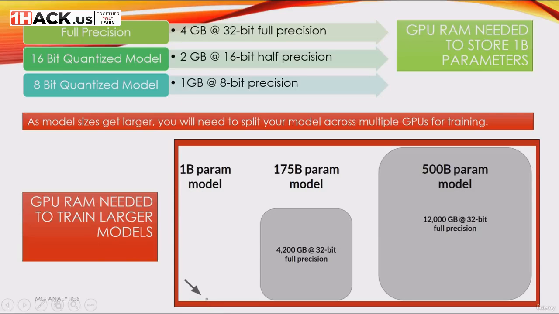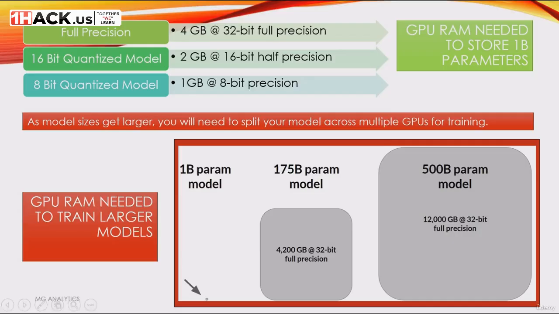Now, if the number of parameters increases, if there are 175 billion model parameters, then this is the increase in the size of the model. Basically, the increase in size of RAM needed to train this model. And if you have 500 billion parameters, then it will also increase exponentially.